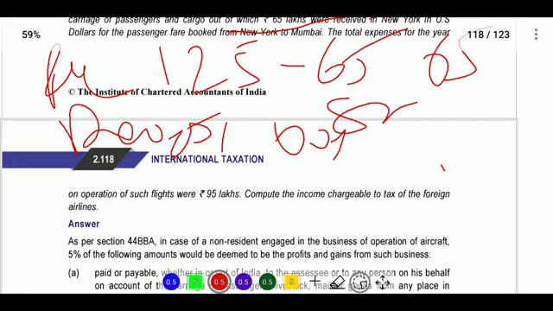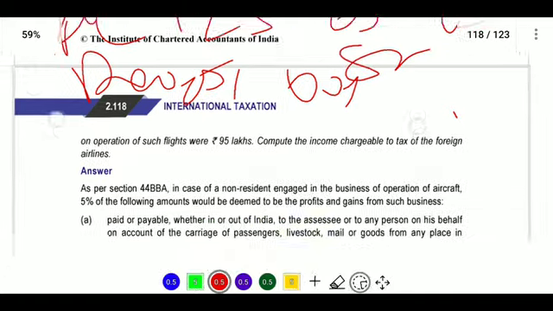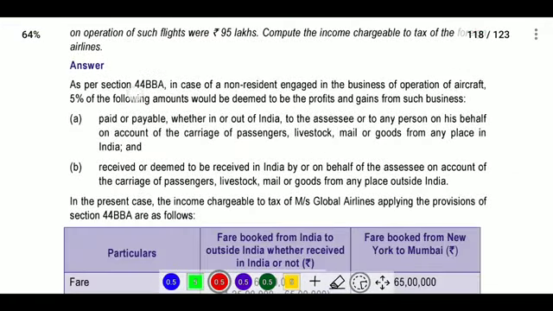Next, compute the income chargeable to tax of the foreign airlines. So as per section 44BBA, in case of a non-resident engaged in business of operation of aircraft, 5% of the following amount would be deemed to be profits and gains for such business.